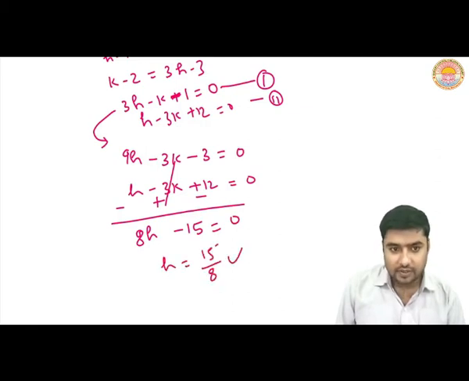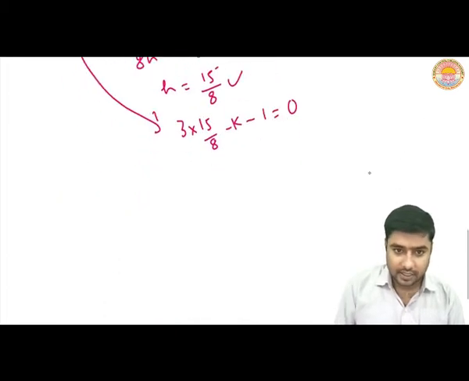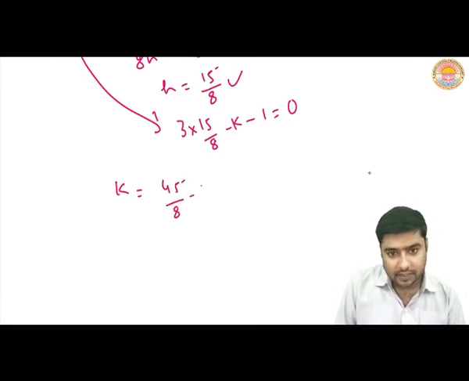Similarly, we put the value of h in any equation to find the value of k. We get 3 into 15 by 8 minus k minus 1 equals to 0. It means k equals to 45 by 8 minus 1, then k equals to 37 upon 8.